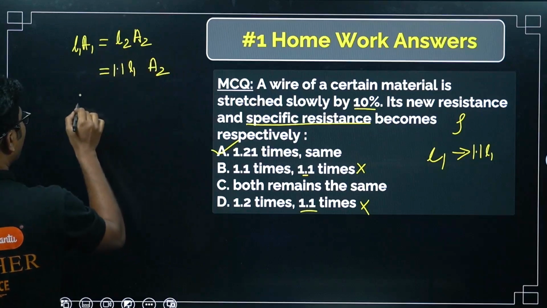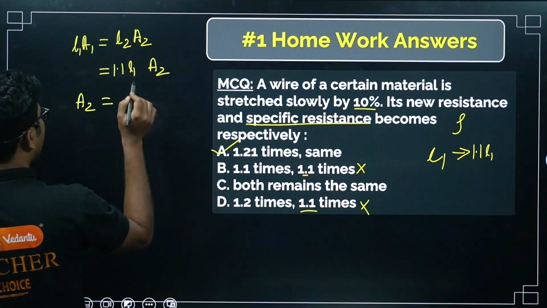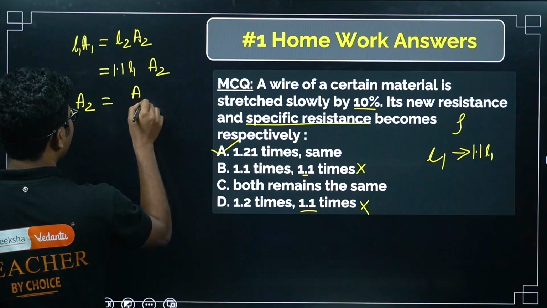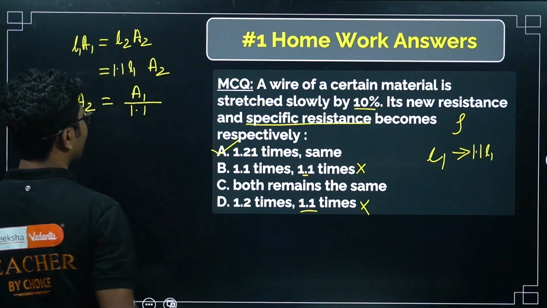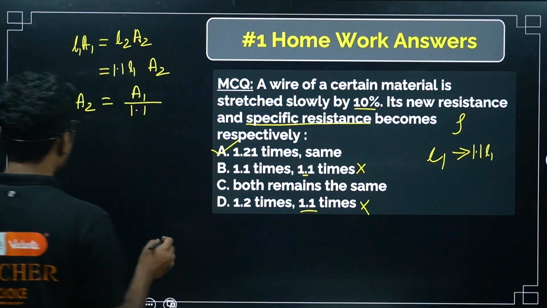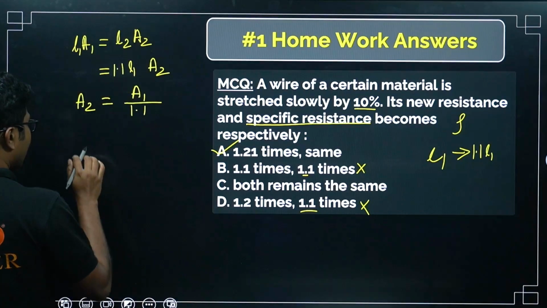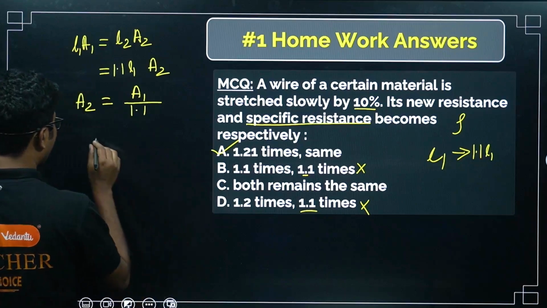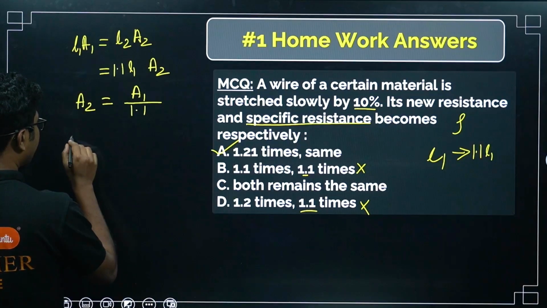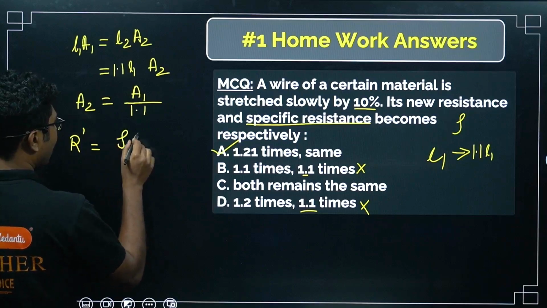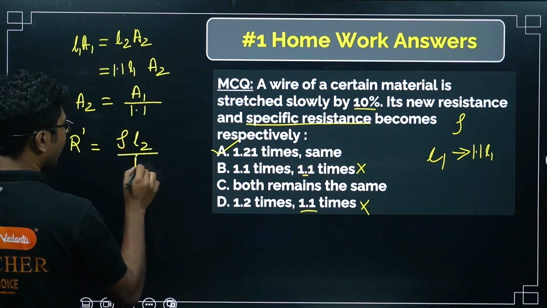So A2 is basically, L1 will cancel, A1 divided by 1.1. Now you can use the shortcut method also, which I will show you after this problem. We know that the new resistance is rho L2 by A2.